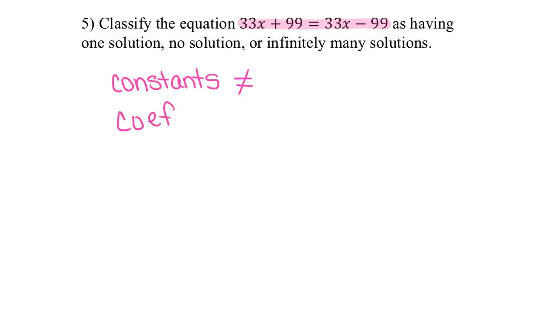The coefficients are equal. So if the coefficients are equal, the numbers with the variables are the same, but the constants are different, what's the end result? No solution. Yeah, watch the signs. Okay? Very good.